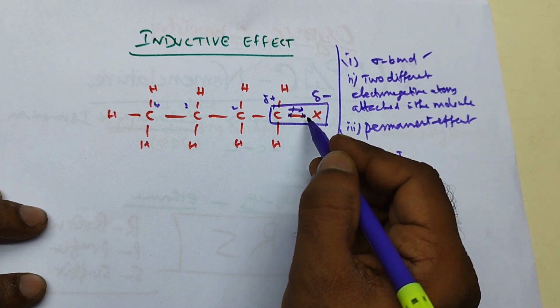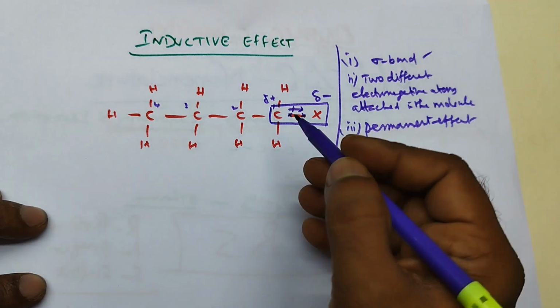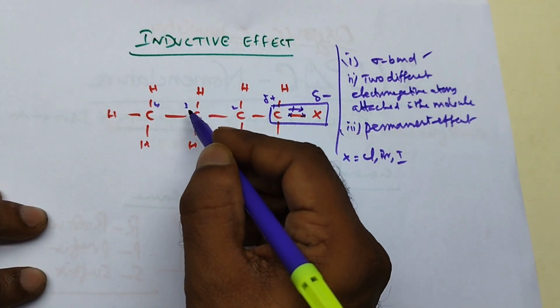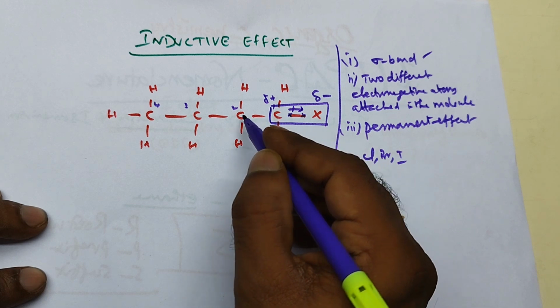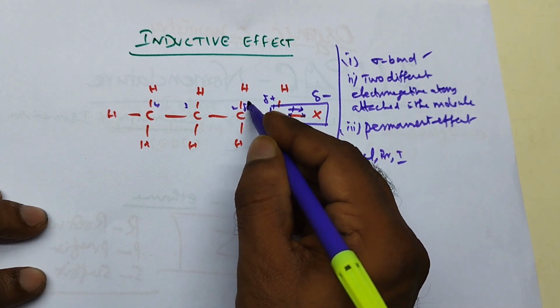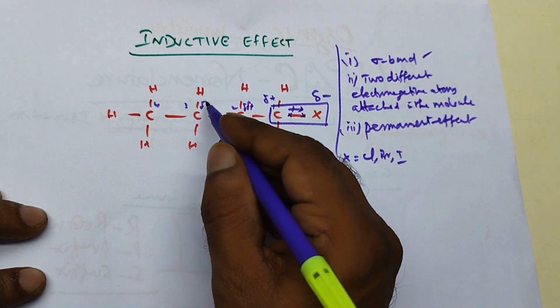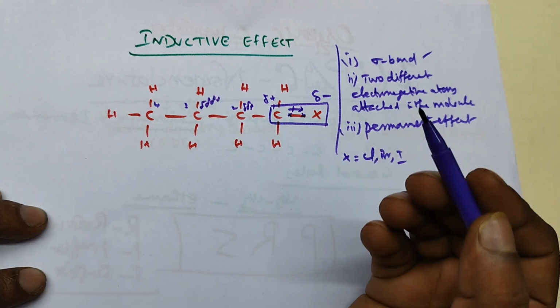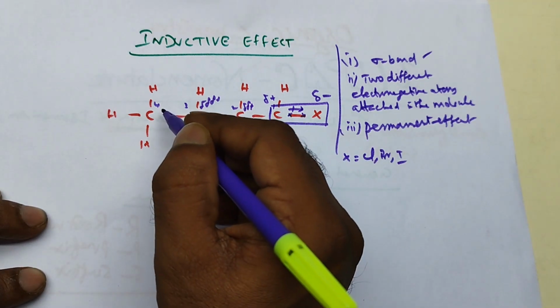This shifting of electrons towards this side operates up to a maximum of 3 carbon atoms. When we compare these two carbon atoms, this one has delta plus, and this one has a smaller delta delta plus. After 3 carbon atoms, there is no effect.